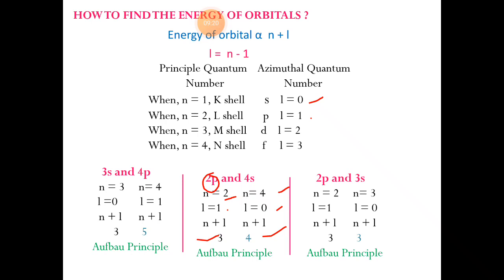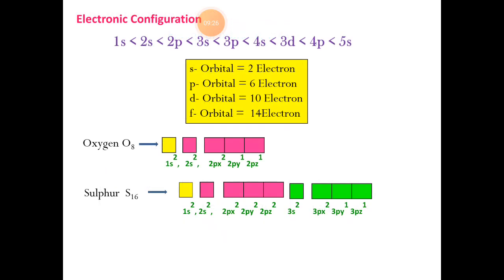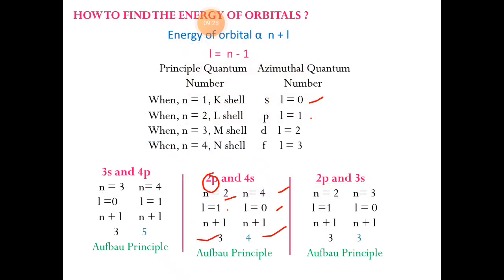Now next we will see 2p and 3s. In the case of 2p, n is equal to 2, L is equal to 1, so 2 plus 1 is equal to 3. And in the 3s orbital, n is equal to 3, L is equal to 0, so n plus L is equal to 3.